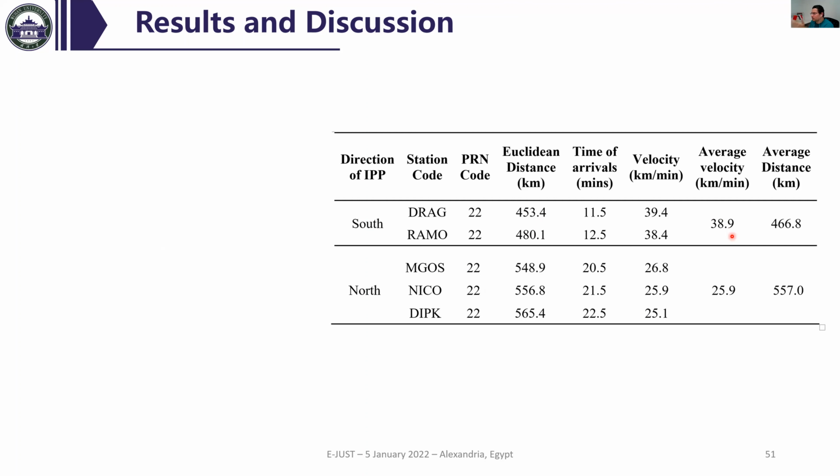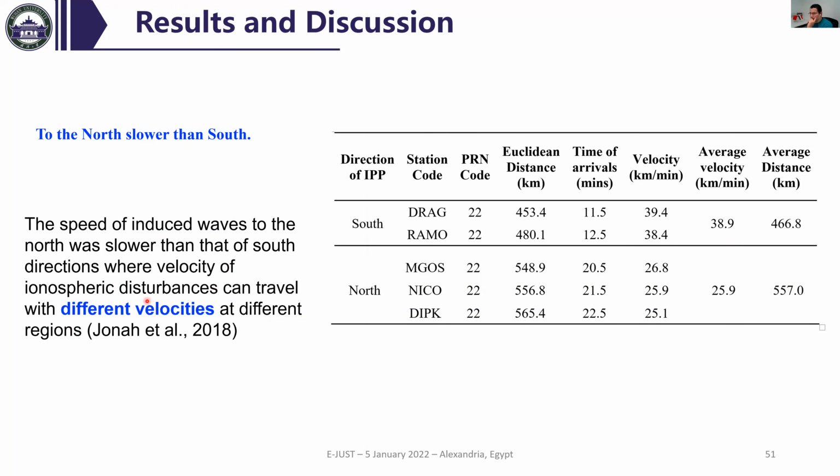For the south, it's faster than the north direction. And this is warranted by previous studies, because ionospheric disturbances can travel with different velocities in different regions. So this is confirmed from previous results.